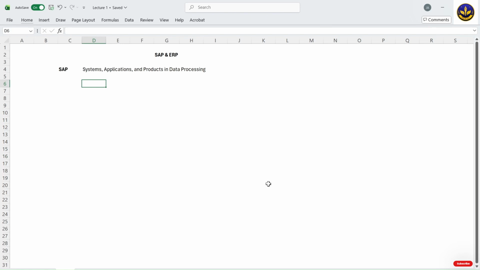The simplest definition of SAP would be: it is an integrated software used to manage business processes of any organization, of any entity.